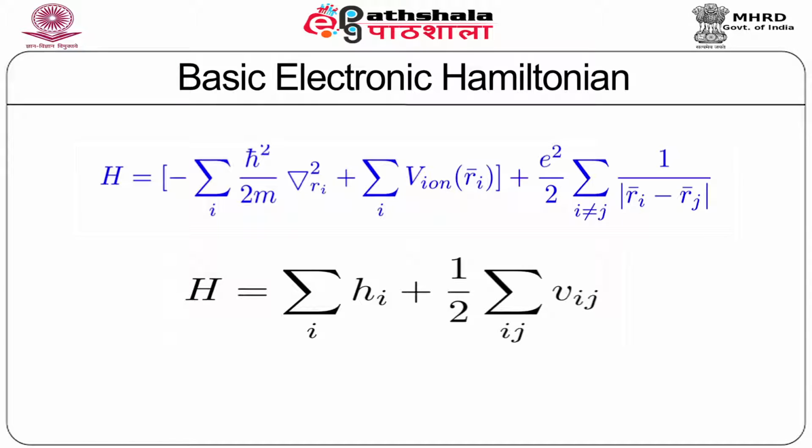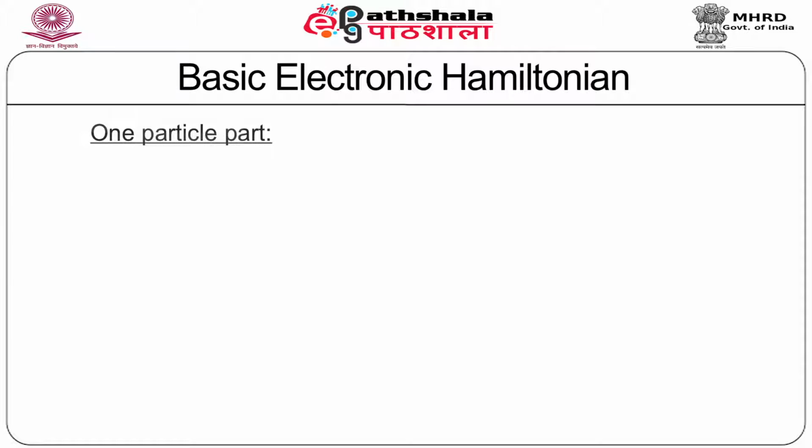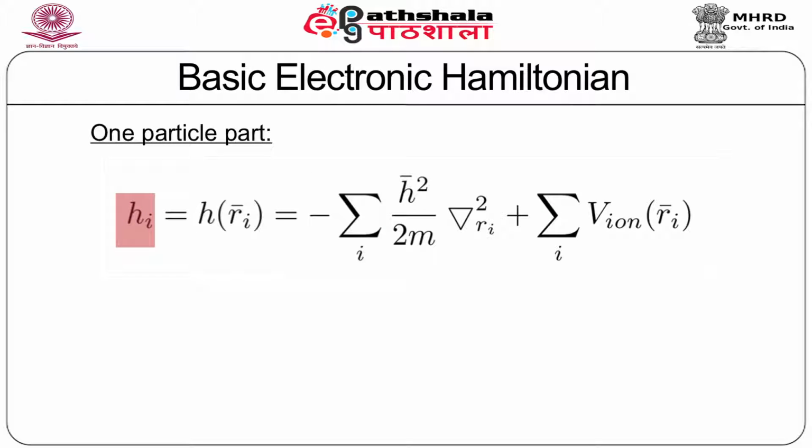The Hamiltonian thus can be divided into a one-particle part, which is shown here as little h_i. This is called the one-particle part because the term involved here depends on the coordinate of a single electron, which is designated as i.